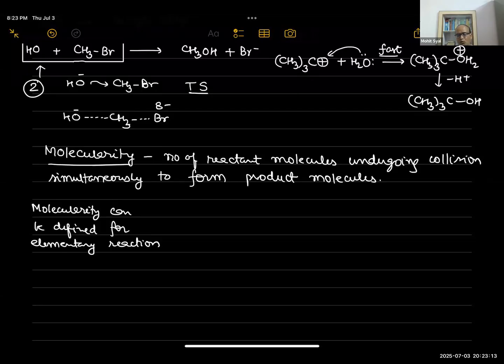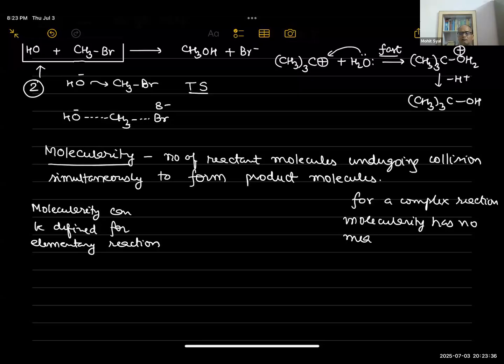For a complex reaction, there is no meaning for molecularity. Is it clear? Yes, sir.